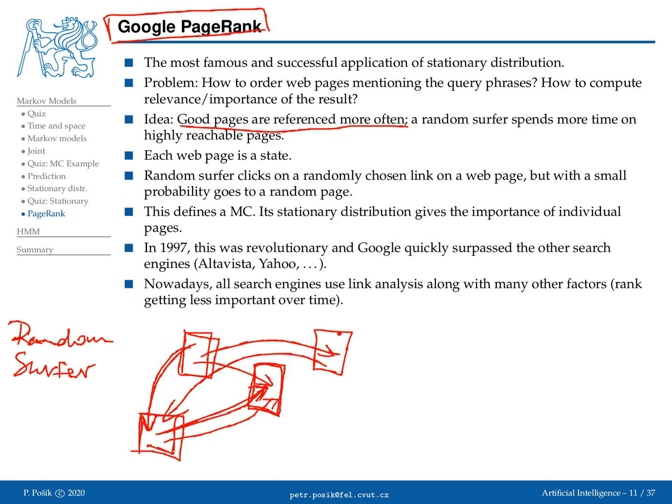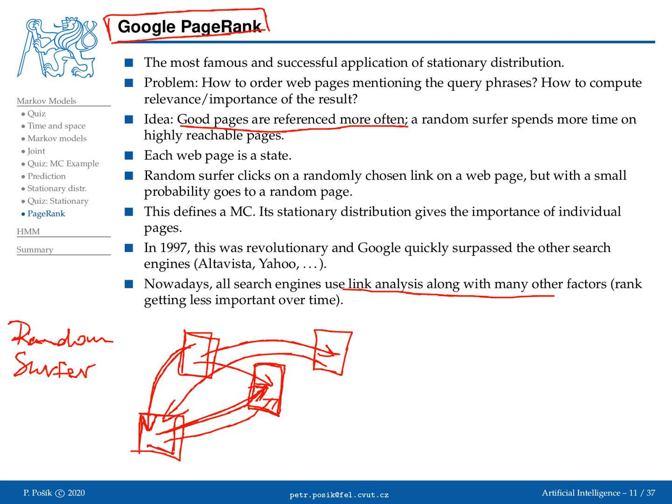Nowadays, search engines use quite other factors to order the individual results, but Google PageRank was a famous example, because when Google came with this ordering, it was really a breakthrough.